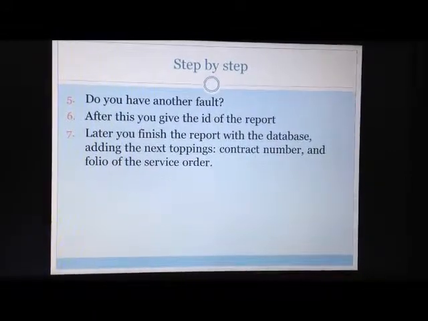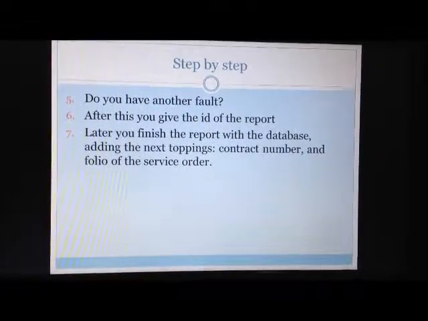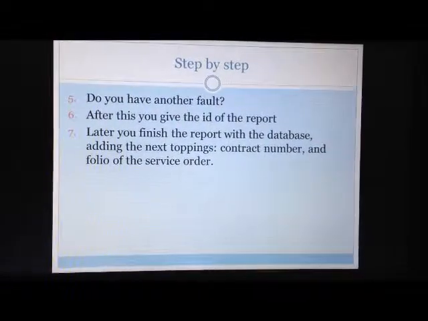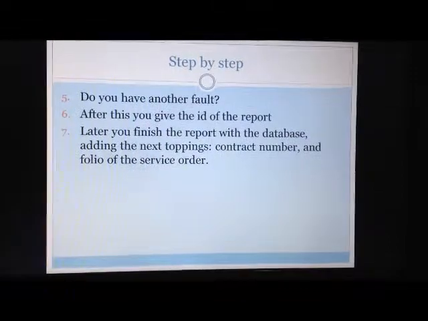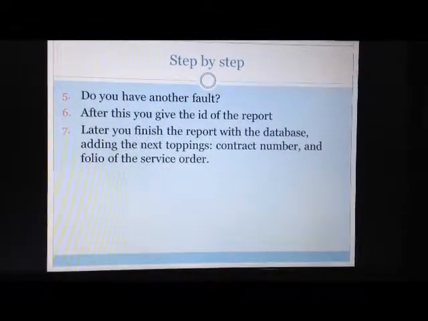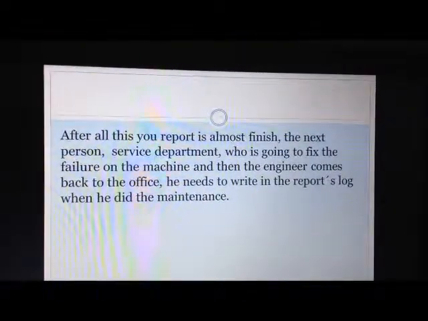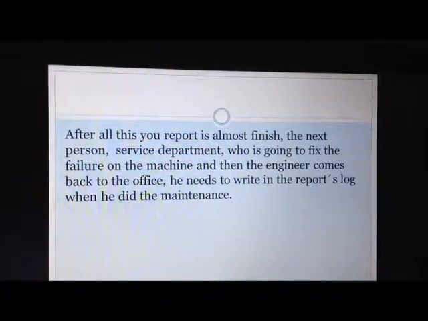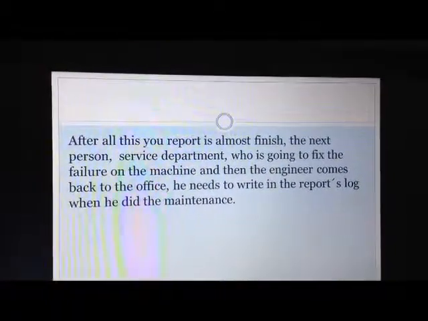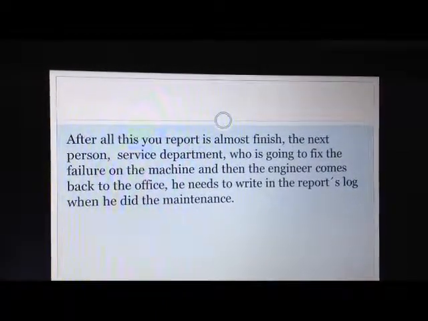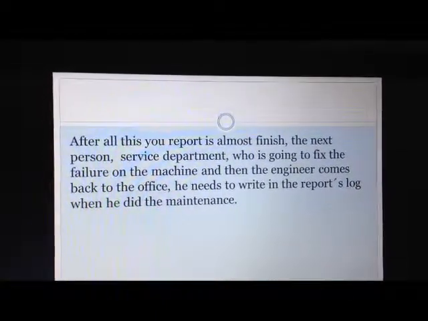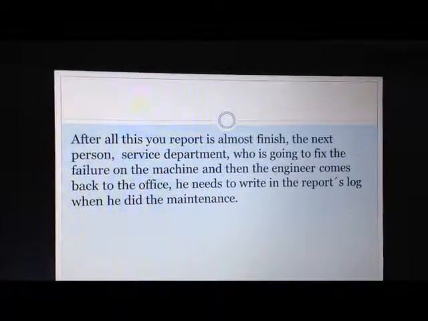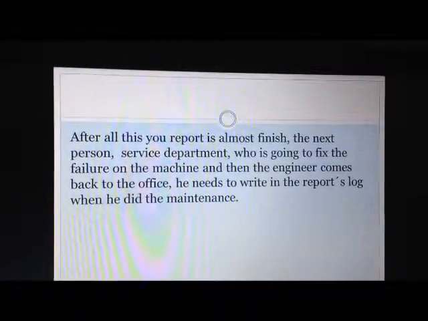Later you finish the report with a database, adding the next items: tappings, contract number, and folio of the service order. After all this, your report is almost finished. The next person, from the service department, is going to fix the failure on the machine, and when the engineer comes back to the office, he needs to write in the report log when he did the maintenance.